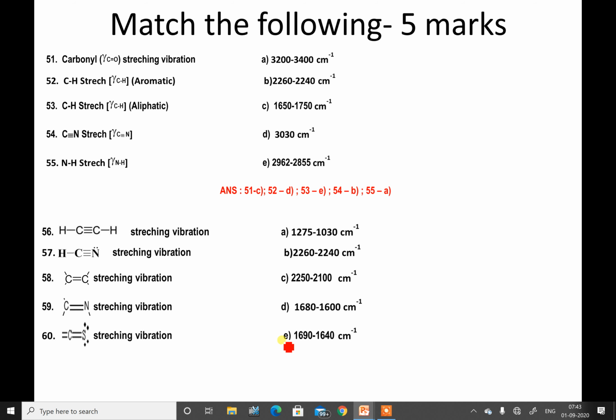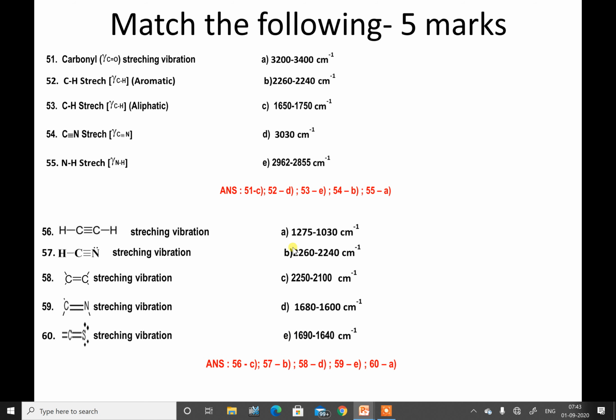C triple bond CH vibration, C triple bond N vibration, CC stretching vibration, CN stretching vibration, CH stretching vibration. Let us see what is the answer.